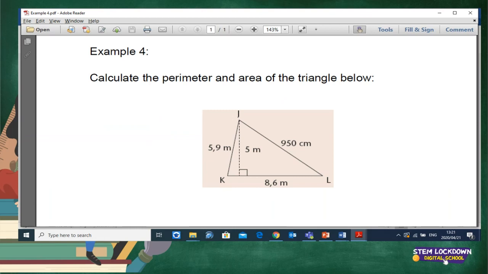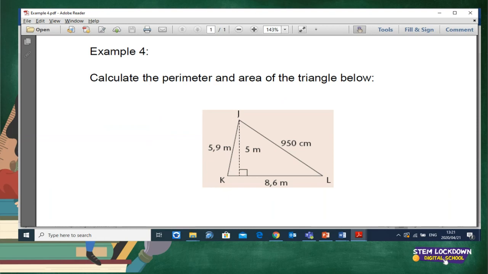Once you have added all the sides together, then you'll have the perimeter. So we have 3 sides of the triangle. I know there's the 4th one now, which is the perpendicular line. You don't add that. You only add JK plus KL plus LJ.